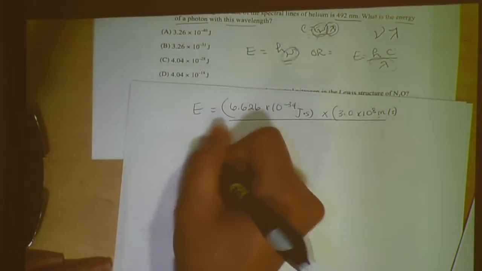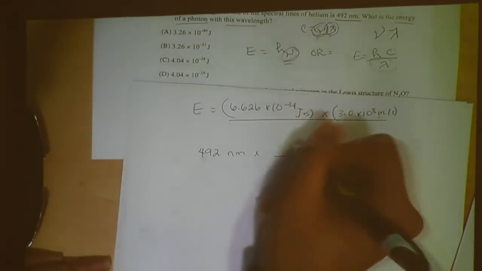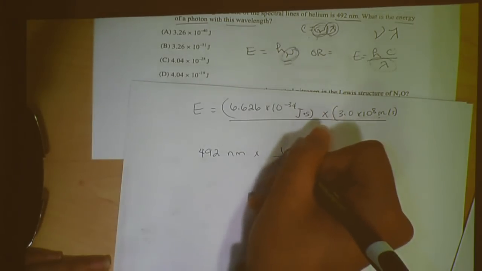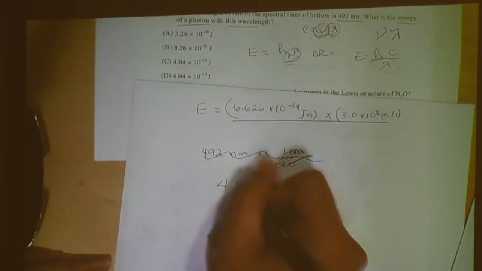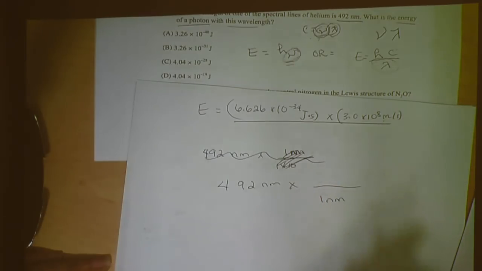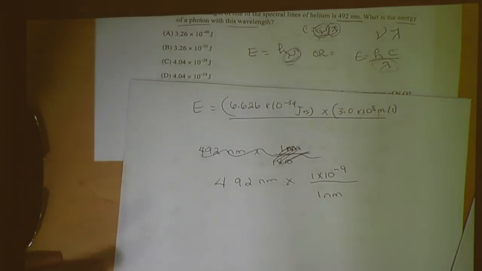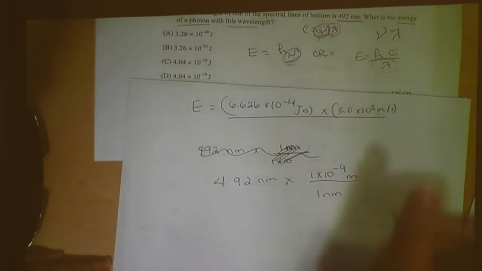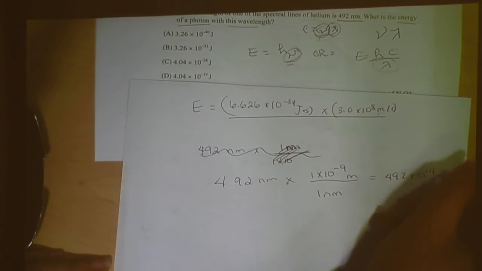So 492 nanometers. In 1 nanometer, I have 1 times 10 to the negative 9 meters, which means that I have 492 times 10 to the negative 9 meters.